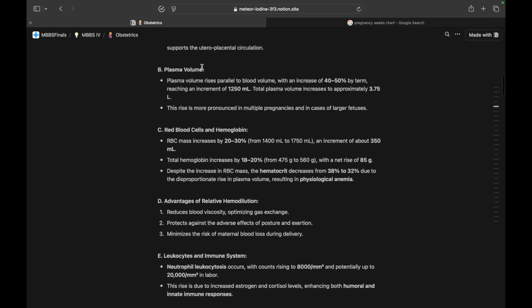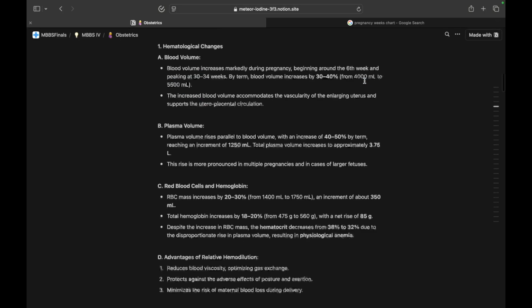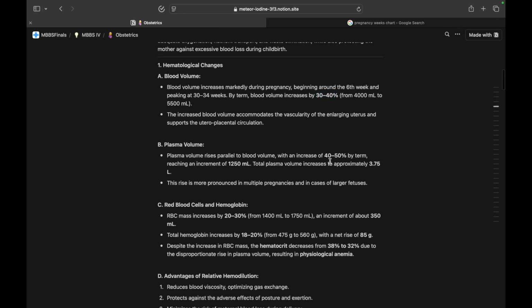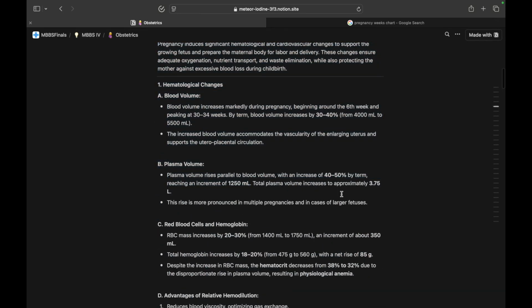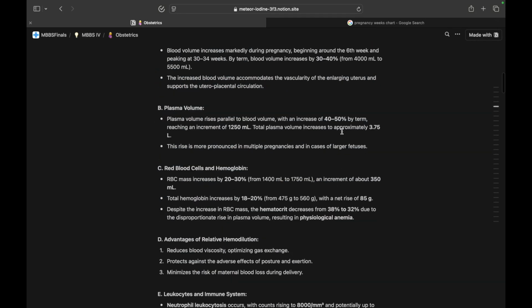Next, coming to plasma volume. Plasma volume rises parallel to blood volume, with an increase of 40 to 50%. It was 30 to 40% for blood volume, here 40 to 50% by term, reaching an increment of 1250 ml. Total plasma volume increases by about 3.75 liters.